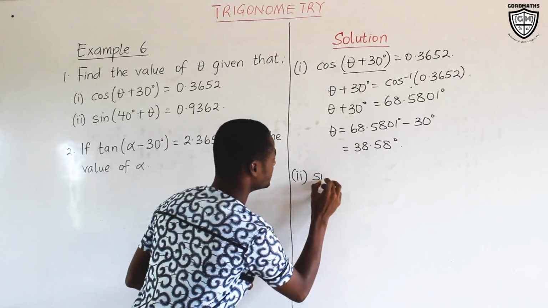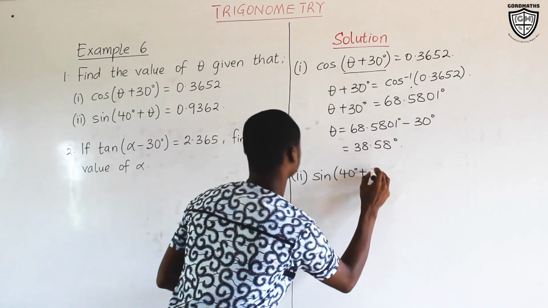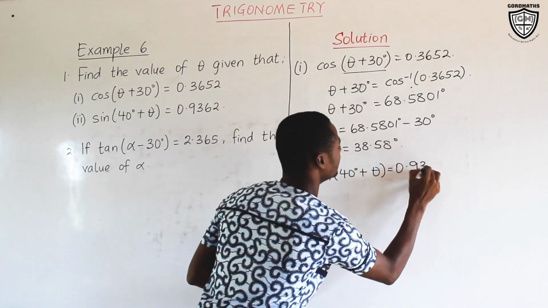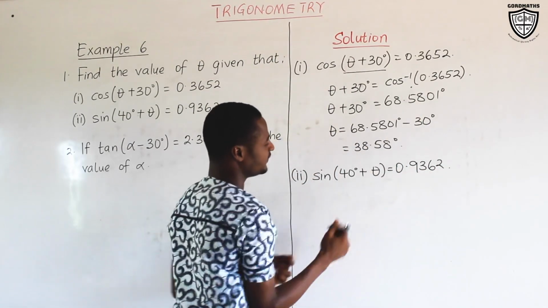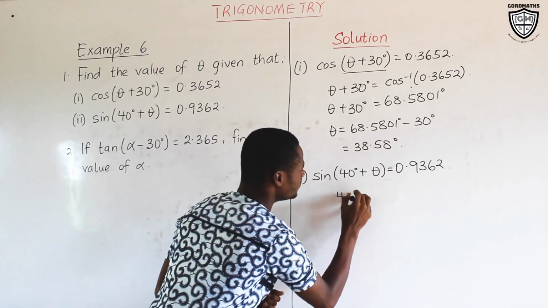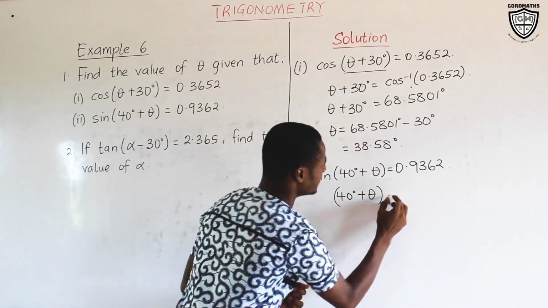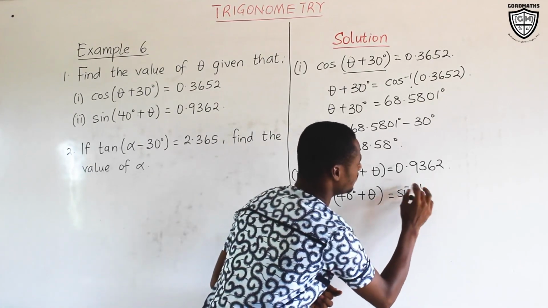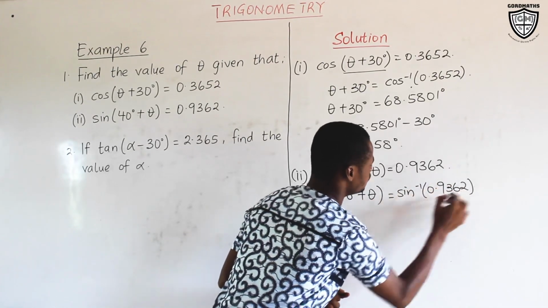We can also, with that one, sine of 40 degrees plus theta is equal to 0.9362. So taking the sine inverse of what we have at the other side, we will have 40 degrees plus our theta to be equal to the sine inverse of 0.9362.